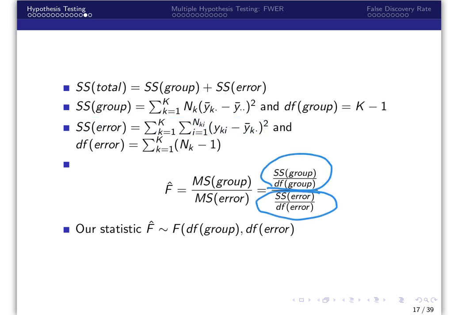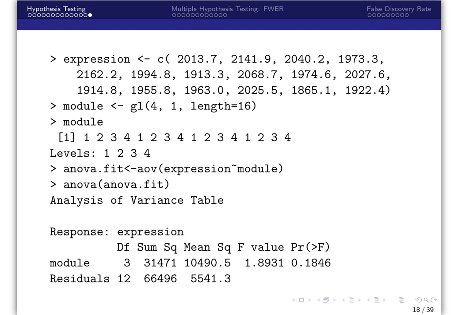Dividing each of these by their degrees of freedom yields mean squares due to group and error mean squares. Then forming their ratio yields our test statistic. Under the null hypothesis, this test statistic follows an F distribution with numerator and denominator degrees of freedom corresponding to this calculation. Of course, R will perform these calculations for you.